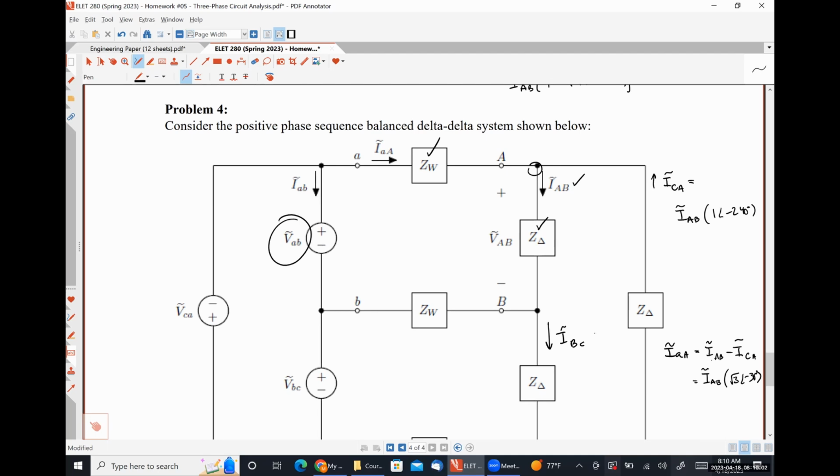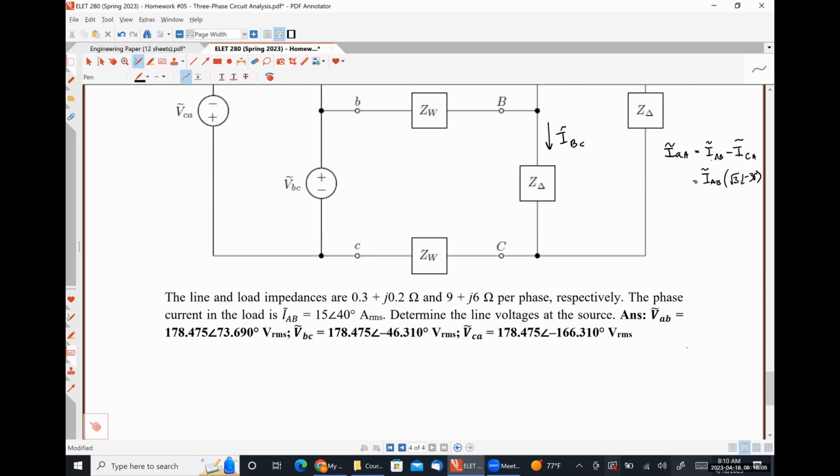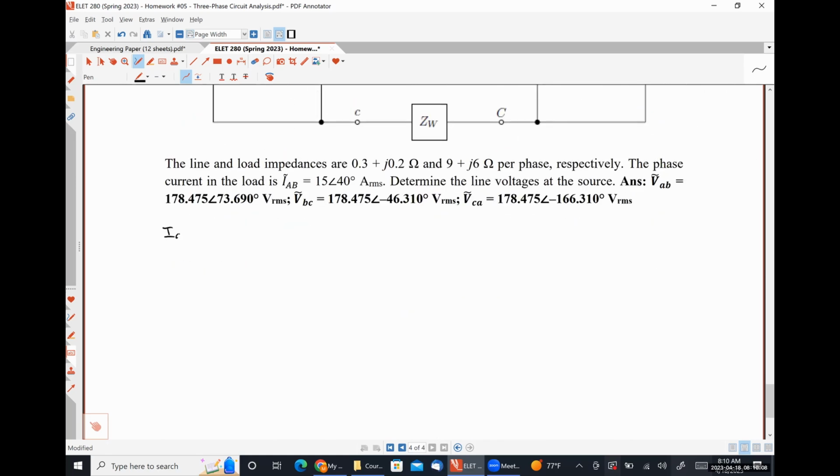Okay, so we now have enough information to figure out what IAA is, so let's write that down really quickly. 15 angle 40 times √3 angle negative 30 is going to come out to be 25.981 with an angle of 10 degrees amps RMS.